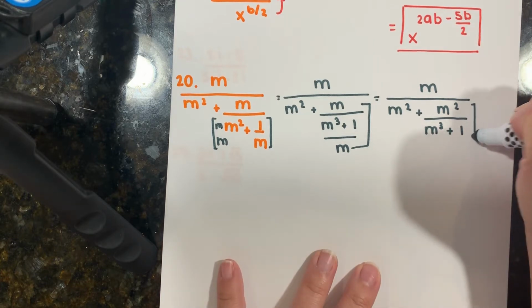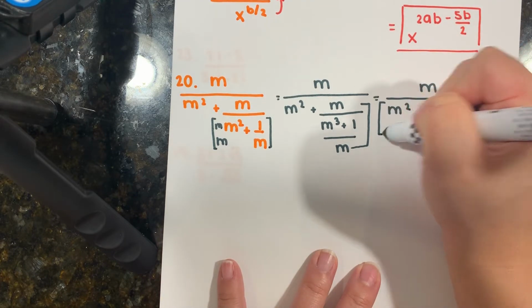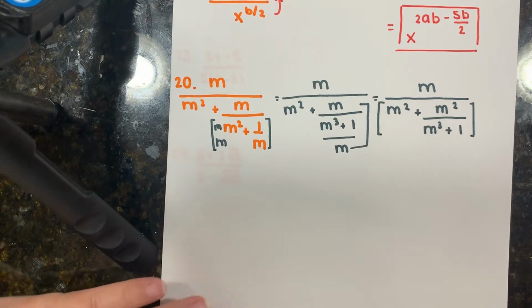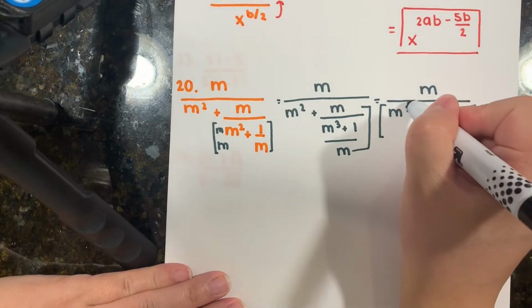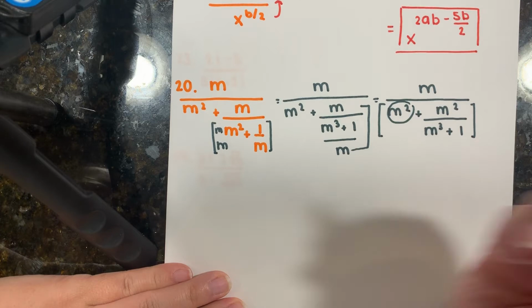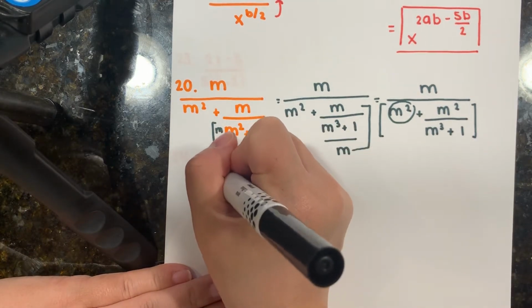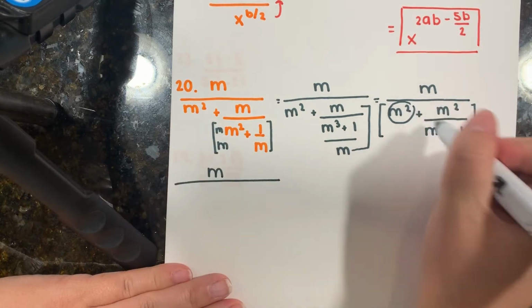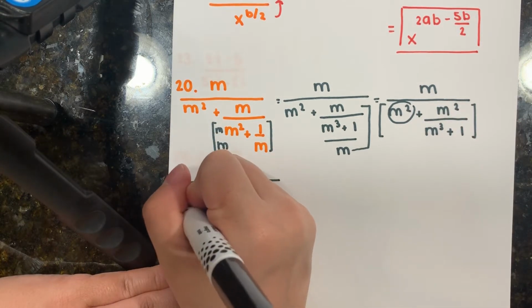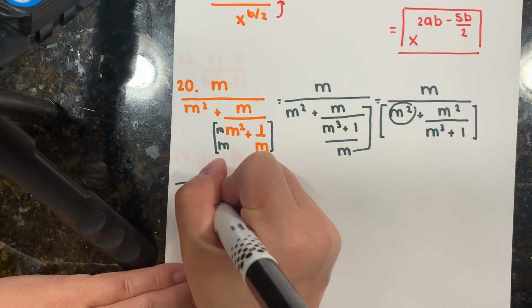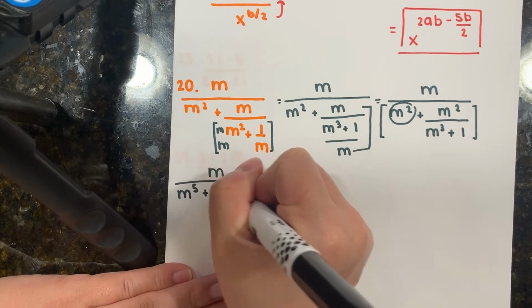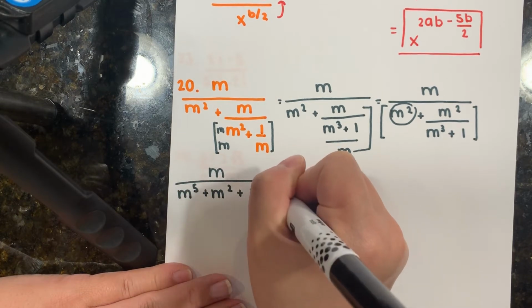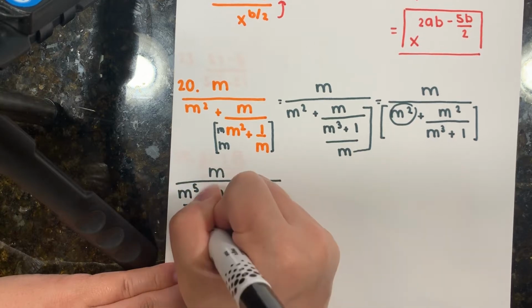We need to add these two fractions that are in the denominator by making a common denominator of m cubed plus 1. So I'm going to multiply this right here by m cubed plus 1. The m in the numerator is going to stay the same. When I multiply this m squared times 1, that would turn into m to the 5th plus m squared plus m squared all over m cubed plus 1.